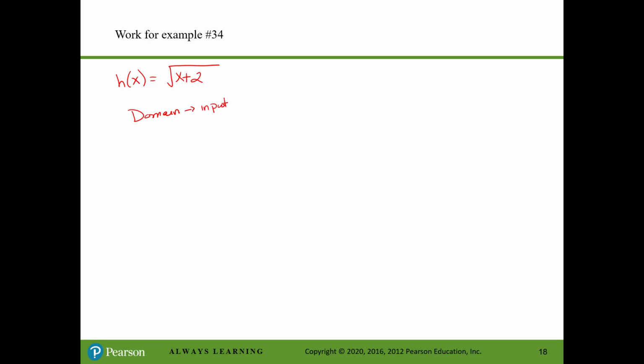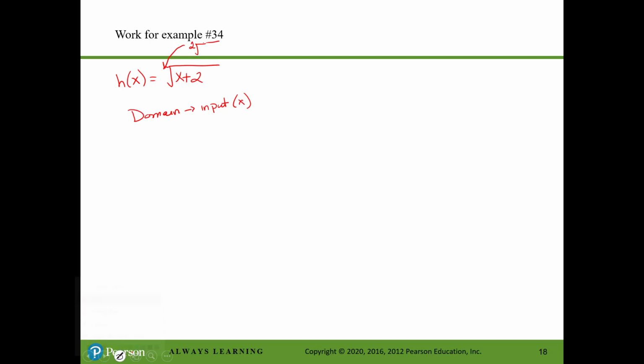And what variable am I inputting for? Yeah, in this case, I'm inputting for x. So here's the deal. Are you allowed to take the square root? Because remember, this index not being written automatically means there's a 2 there for square root. Are you allowed to take the square root of a negative number?